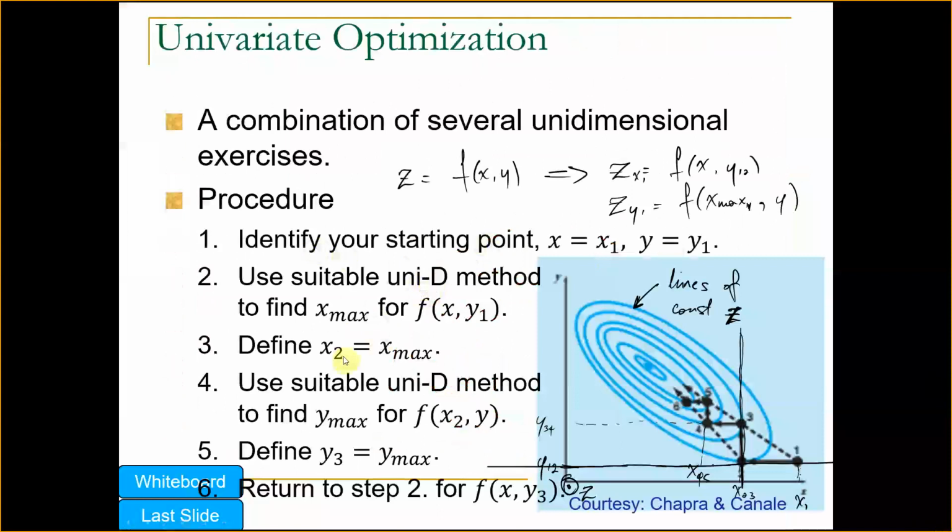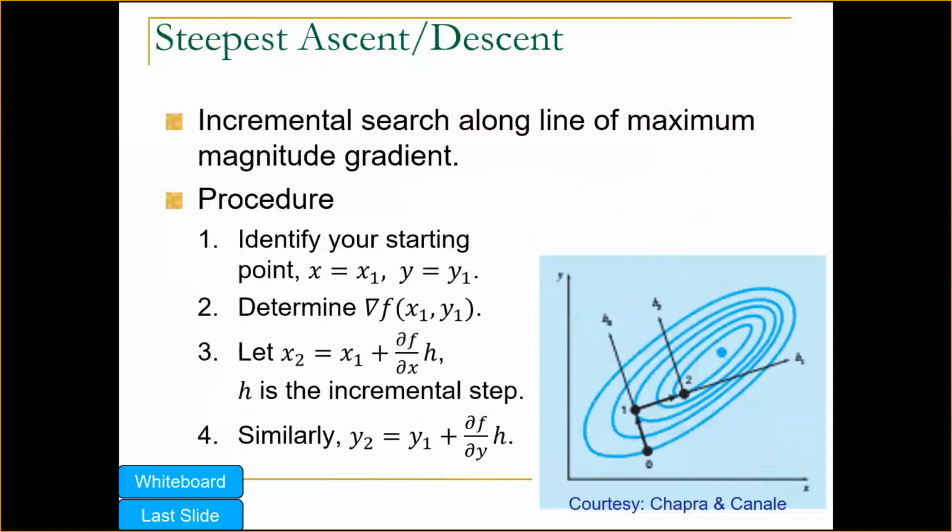You define a given x2, and find the max for y. And then you repeat continually. Alright? All the other criteria are the same in terms of errors and all those things that you learned for root finding. Alright.